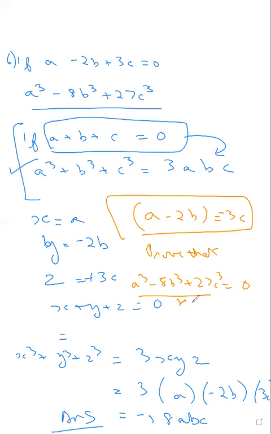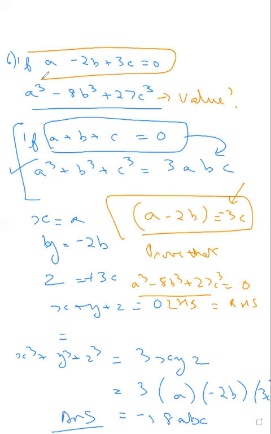Whenever we have a left hand side and a right hand side, then you use methods like this. Are you all understanding? Okay, sir. Whenever we have to find the value of an expression, then you have to use the identities to solve. Because here we don't know the values of a, b, c, so our answer will be in the format of a, b, c itself.